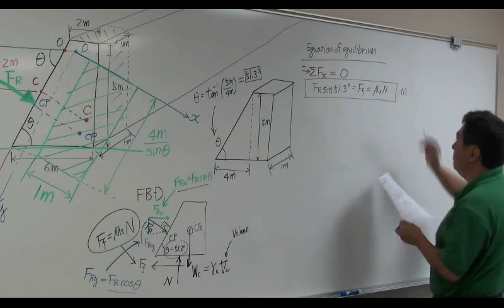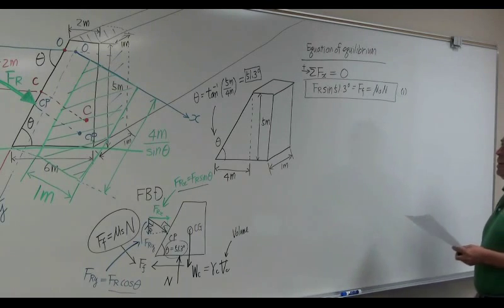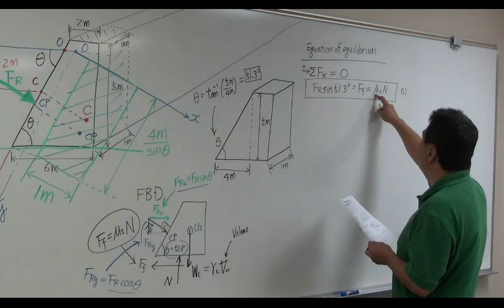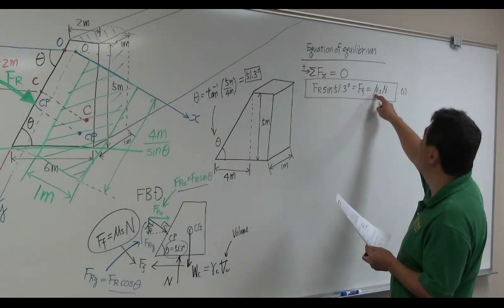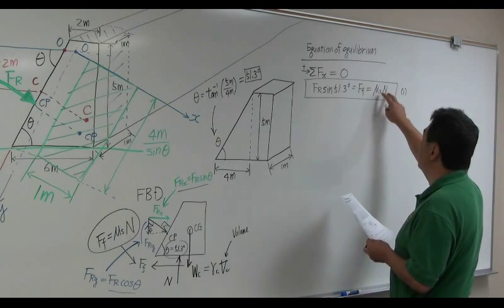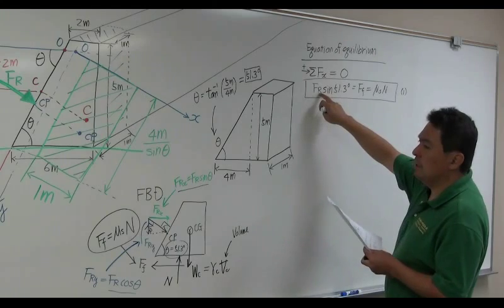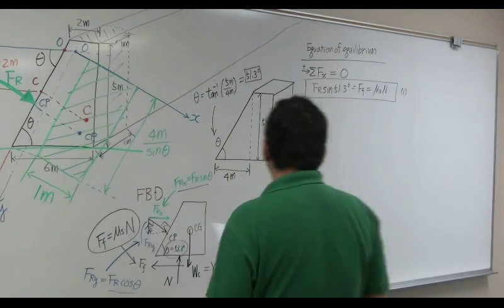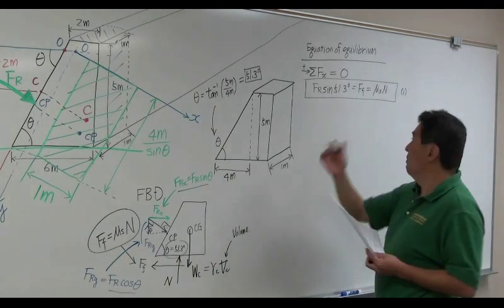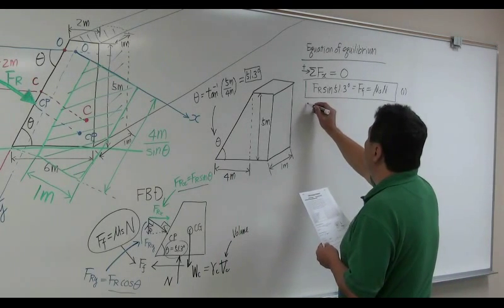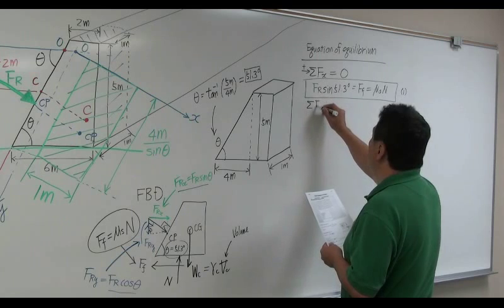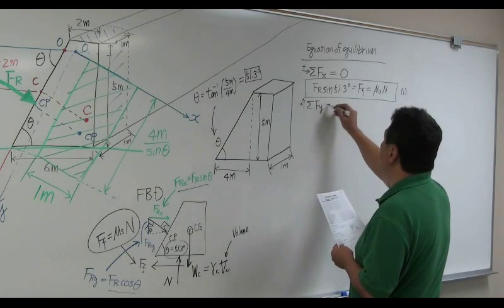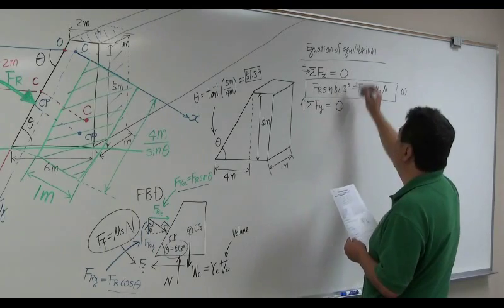Equation 1. How many unknowns do you have? Mu s is unknown. This is what we want to know. And N is unknown. Fr, yes, we can determine Fr. This is the magnitude of Fr. We can determine that later. Now, let's do a summation of the forces in the y direction. Let's say this is the positive y direction, set equal to 0.